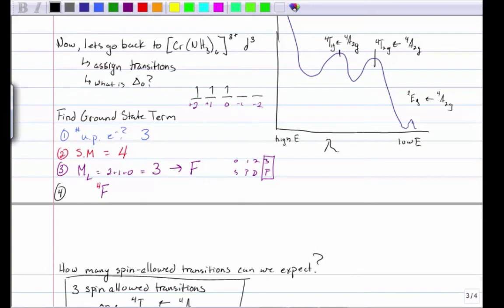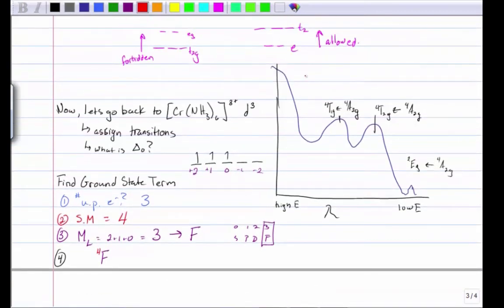Oh, and before we move on, when you see a really big peak that's bigger than the other ones, this is a charge transfer. And I'll talk about that in a minute. But anytime you have a peak that's really, really intense, it's probably going to be from a charge transfer transition.